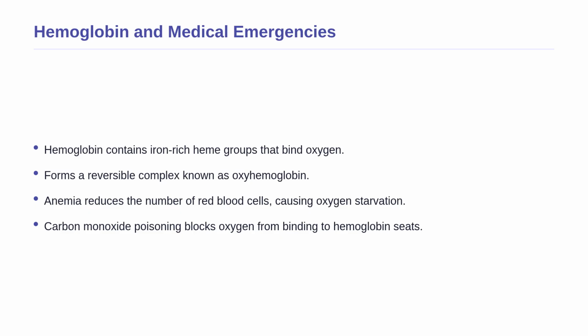For instance, in anemia, a low red blood cell count means there are not enough trucks to carry oxygen. In carbon monoxide poisoning, toxic gas occupies the seats on hemoglobin, blocking oxygen entirely. Without hemoglobin, our hearts would need to pump over 100 liters of blood per minute just to keep us alive.